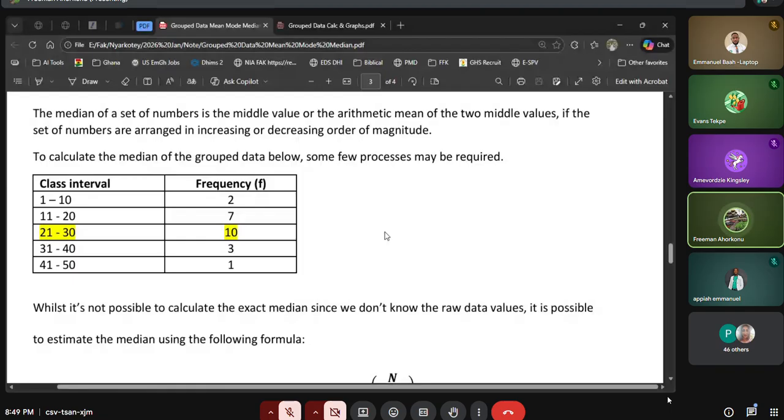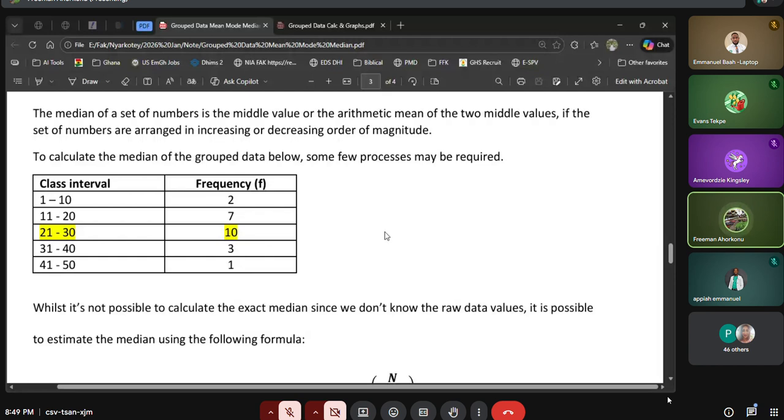So to get the median class, one, add all the frequencies. In this case, we have 2, 7, 10, 3, and 1. When you add all of them, you get 23. Divide by 2, you get 11.5.